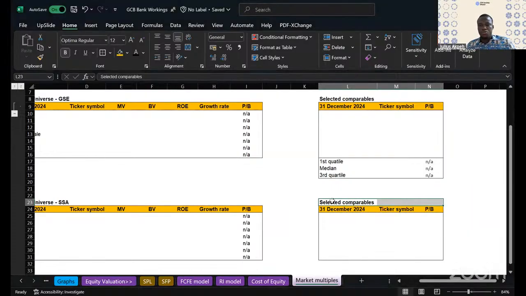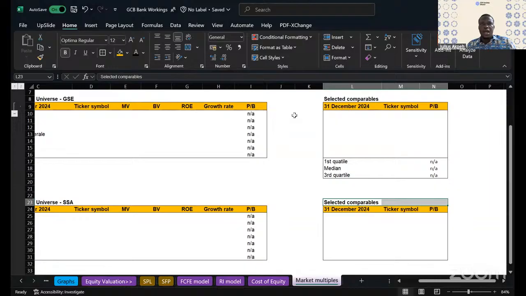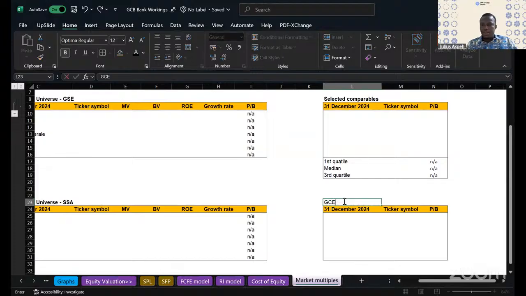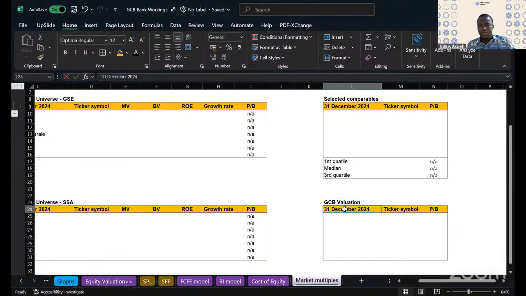So what I'm going to do here is that on this side, I'm going to say GCB relative valuation, or just say valuation, GCB valuation. So here I'll need a few things.